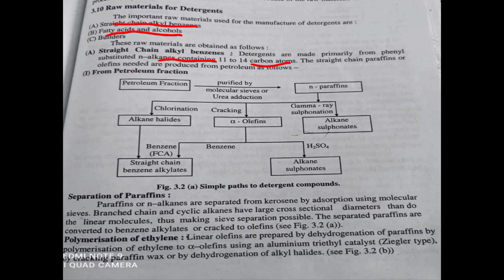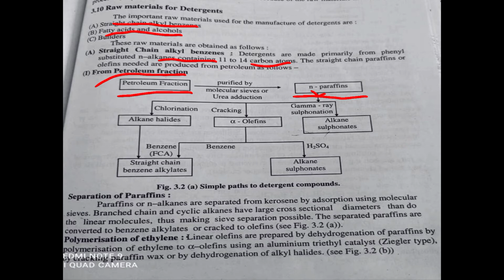See here, first is the petroleum fraction. We take the petroleum fraction and purify it by molecular sieve or urea adduction, forming N-paraffin. N-paraffins or N-alkenes are separated from kerosene by absorption using molecular sieves.